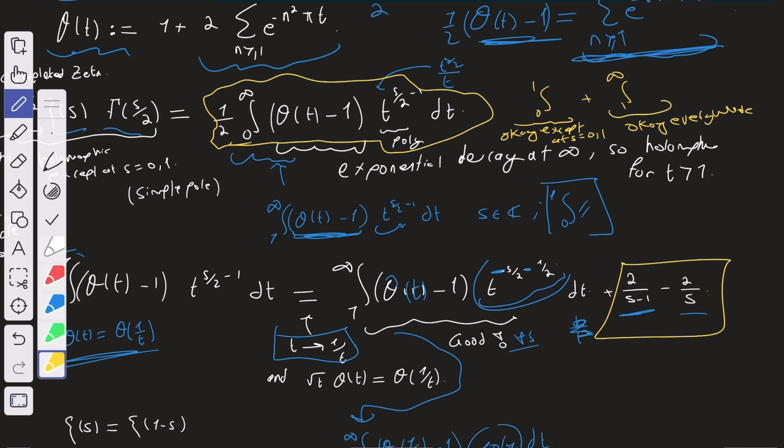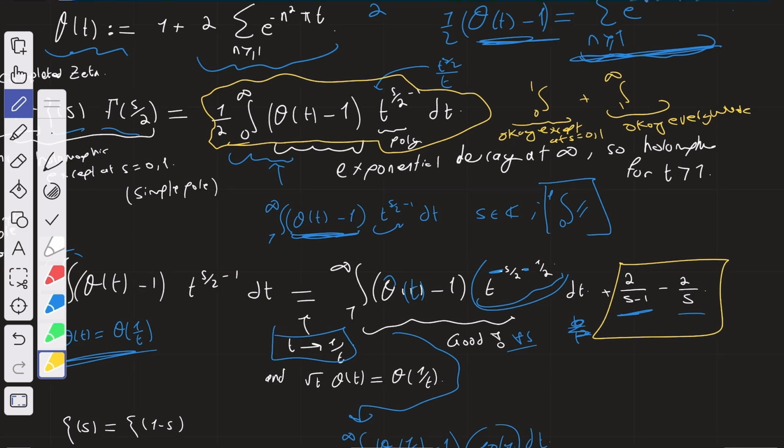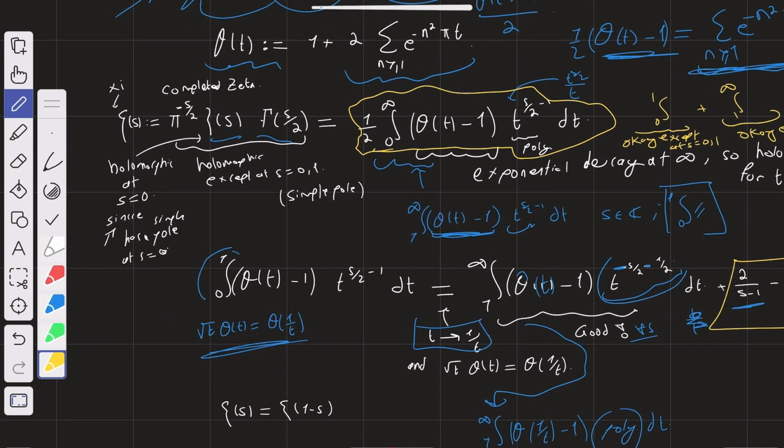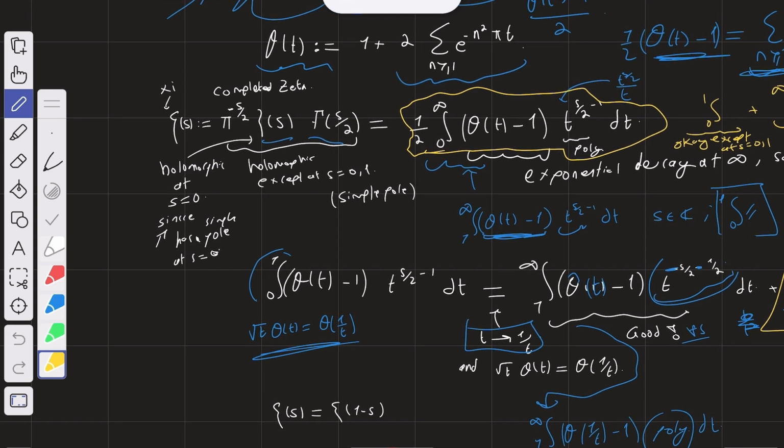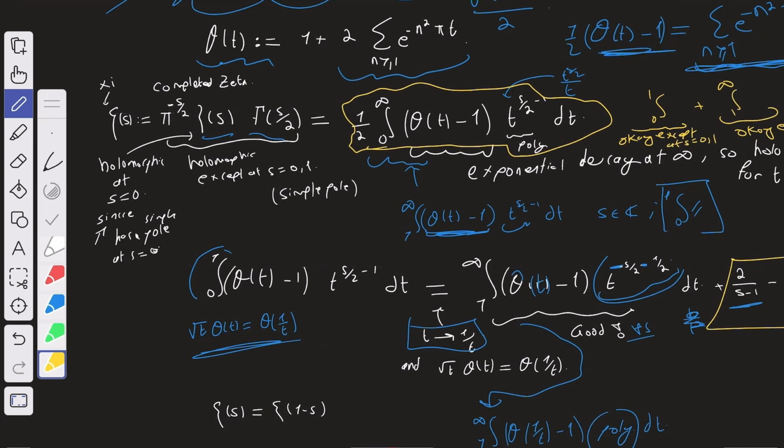So this whole function that we have over here, which is pi to the s minus 1 zeta of s times gamma of s over 2, this whole function is okay everywhere except at s equals 0 and s equals 1. And by the way, this function is called the completed zeta function, and it's called xi, right? So what did we just do?